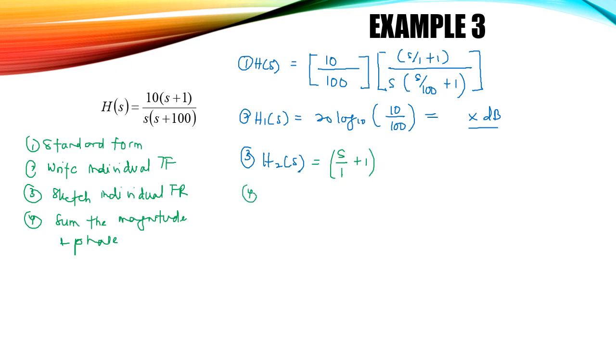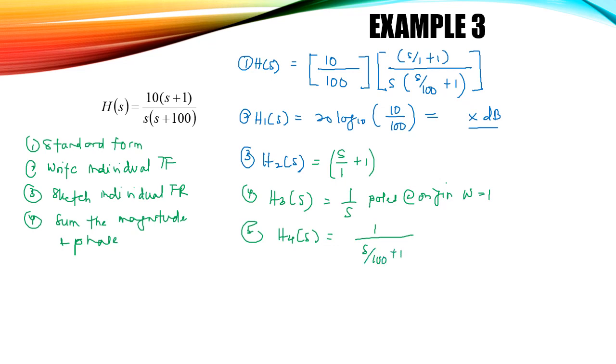The fourth one, you have at the bottom 1 over s, so this is poles at origin. Remember, origin, omega equal to 1, and then you have poles at 100, so H4(s) equals 1 over s over 100 plus 1.